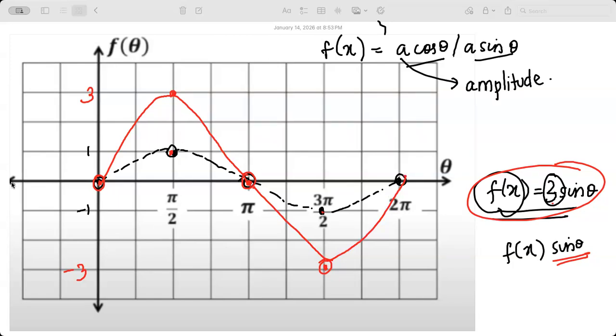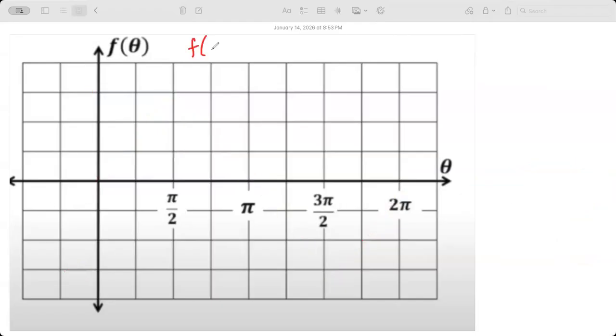It's clear, right? Now, I have not considered any phase shift; we are considering the minimal sinusoidal functions sine and cos. Now let's plot f of x equal to 2 cos theta. Before we get to this one, the sine theta curve goes like this.